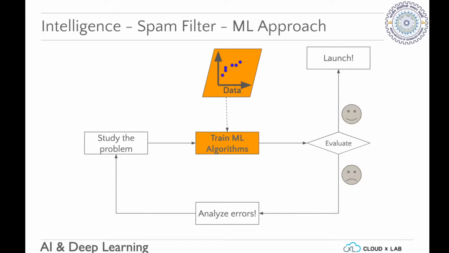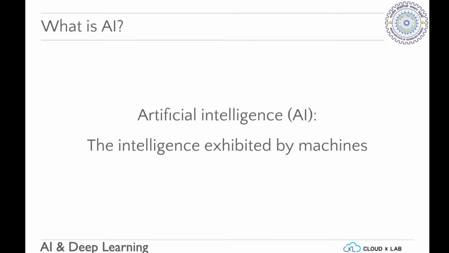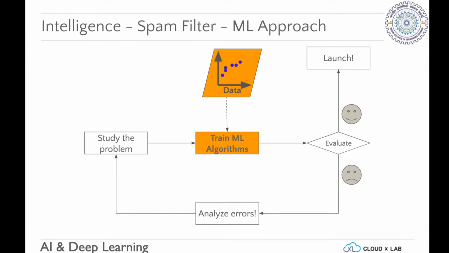There are a bunch of ML algorithms that try to figure out patterns, not rules. They try to figure out the patterns that cause spam, which could be multiple aspects. That's the big difference between traditional spam filters and the ML approach.